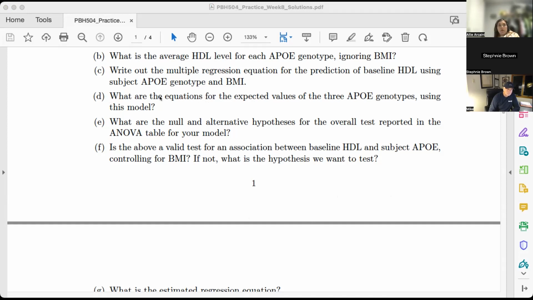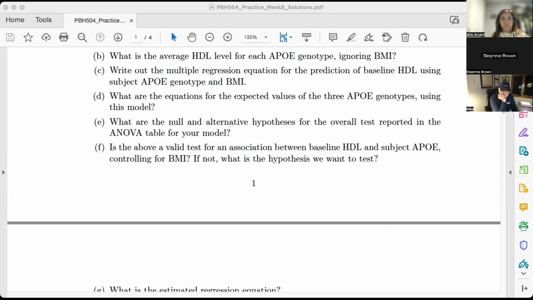The next question says, what are the equations for the expected values of the 3 APOE genotypes? Right, so this is a little bit more involved. We're going to keep BMI in the model. We're just going to set each of these equal to 0. So for the E2 group, we set E3 equal to 0.